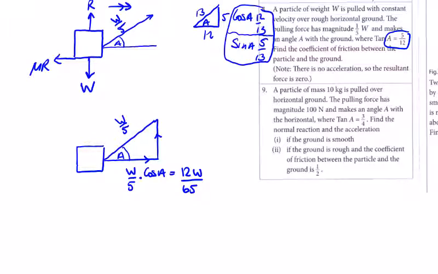In this direction, I have W/5 opposite, sine alpha, which is going to be, well, the 5's are going to cancel, so it's going to be W/13.